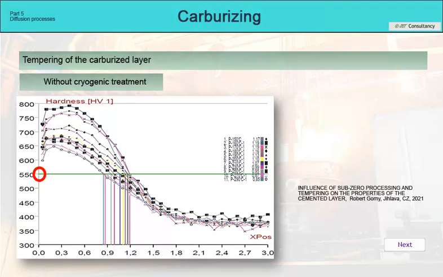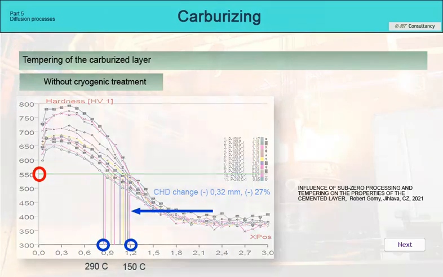For samples without cryogenic treatment, it is from 1.19 millimeters for a tempering temperature of 150 degrees Celsius to 0.79 millimeters for a tempering temperature of 290 degrees Celsius. This is therefore a decrease in CHD of 0.32 millimeters, which is almost 27%.